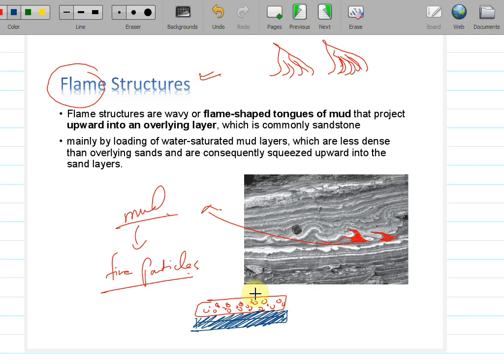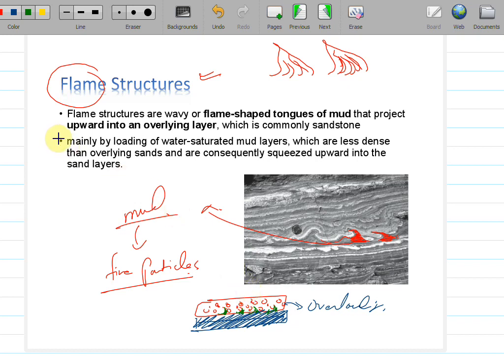So what happens is that due to overloading of these heavy particles, the liquefied mud will basically push through the bedding plane, कुछ इस तरीके से, ठीक है, and it will squeeze upwards.